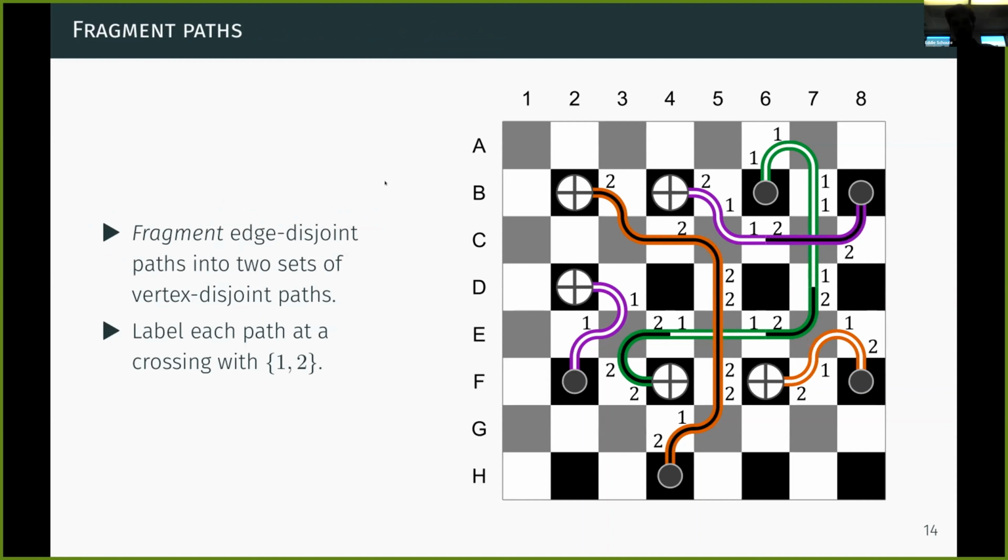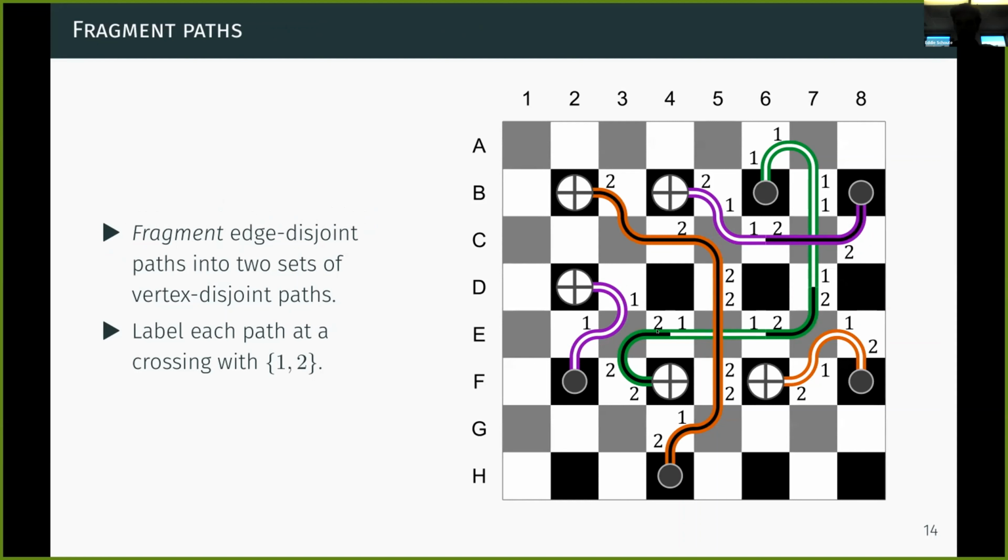And the high-level idea is to fragment these edge disjoint paths, which is a technical term we introduce. We fragment the edge disjoint paths into 2 vertex disjoint paths. So we take our edge disjoint paths and we assign them to two different vertex disjoint path sets.